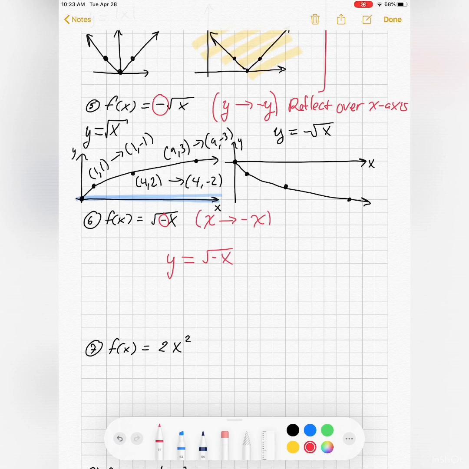Okay, so what I'm going to do is I'm taking the same base graph, so this guy, my square root of x, okay, but this time I'm going to follow this rule. Okay, I'm making all the x's negative. So let's see what that graph's going to look like.